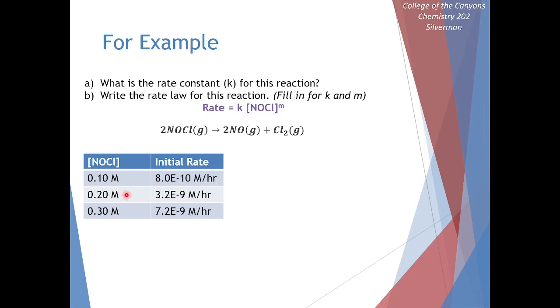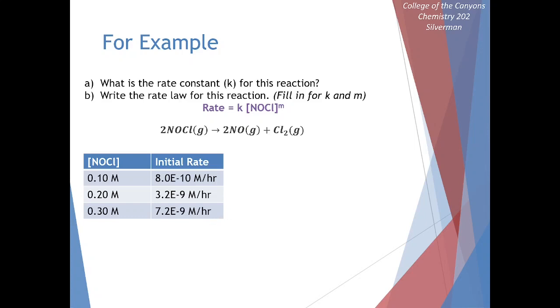When we double that concentration to 0.2 molar, our initial rate has increased to 3.2 times 10 to the negative 9 molar per hour. And lastly, when we go up to 0.3 molar as our initial concentration, our initial rate is 7.2 times 10 to the negative 9 molar per hour.